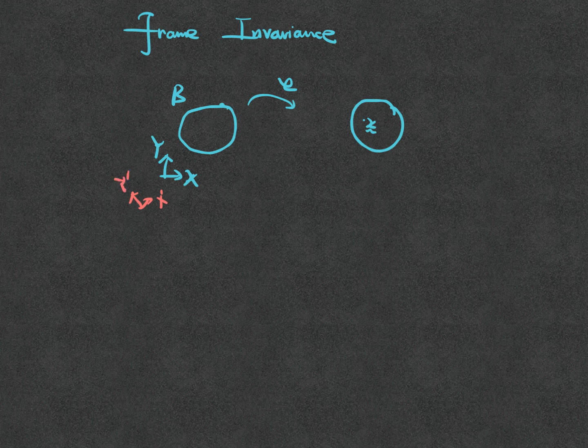What should happen to that process? By changing the coordinate system, it should be identical, right? I'm just simply observing from a different angle. So you see what I mean?